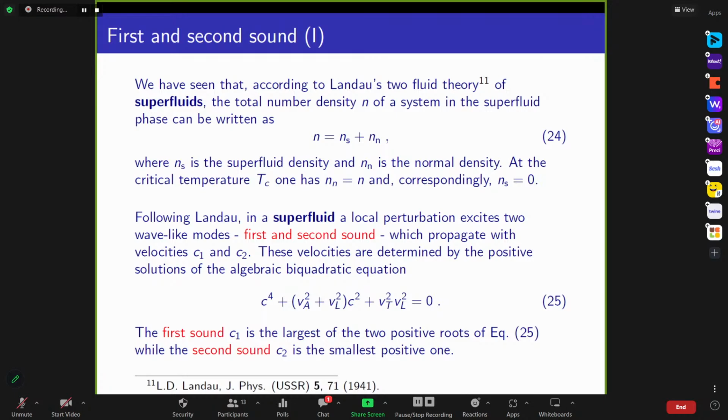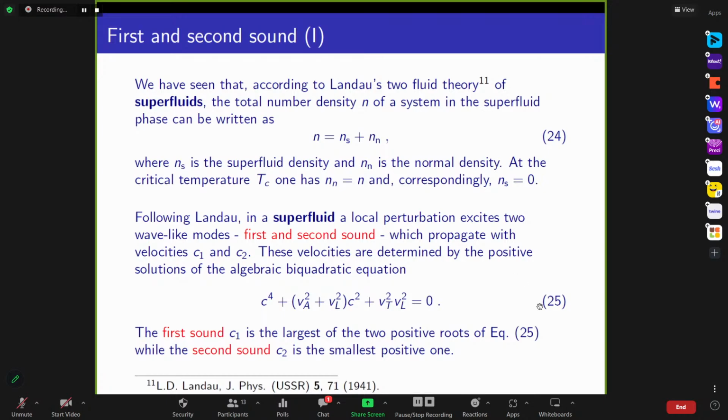So you are doing a small perturbation of the density and the temperature around the uniform and stationary configuration. After some calculation, linearizing the equations that start from the two fluid equations of Landau, you will get a nice equation that is equation 25.